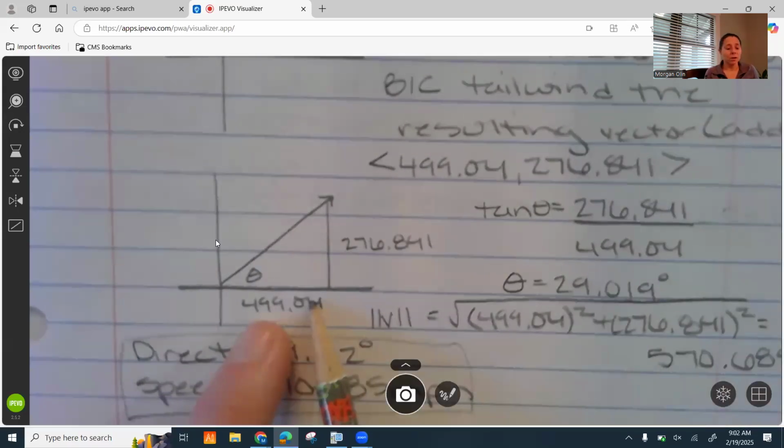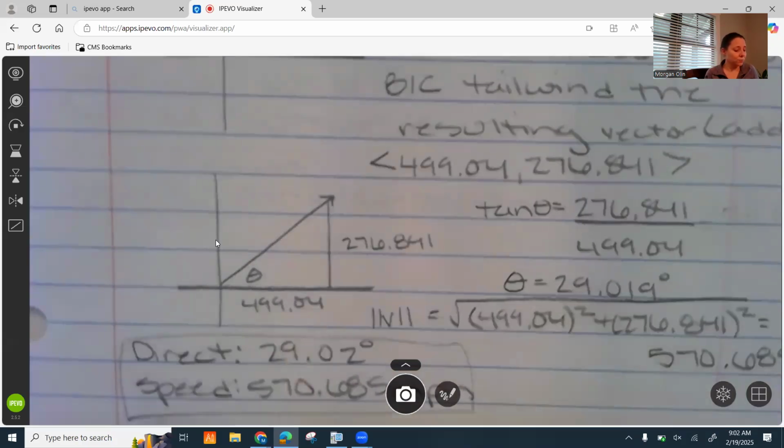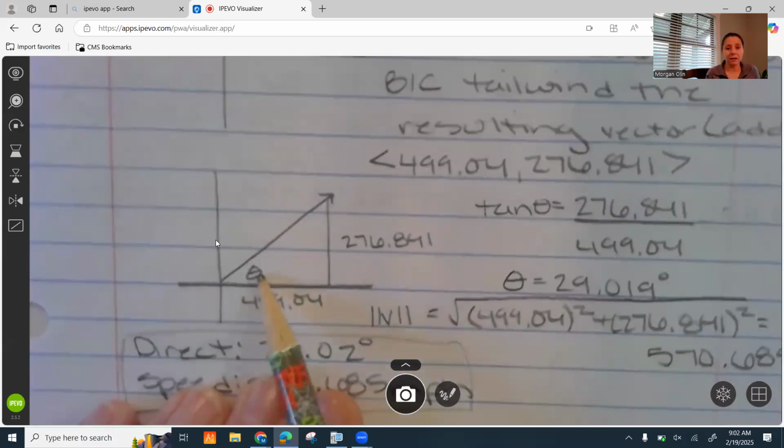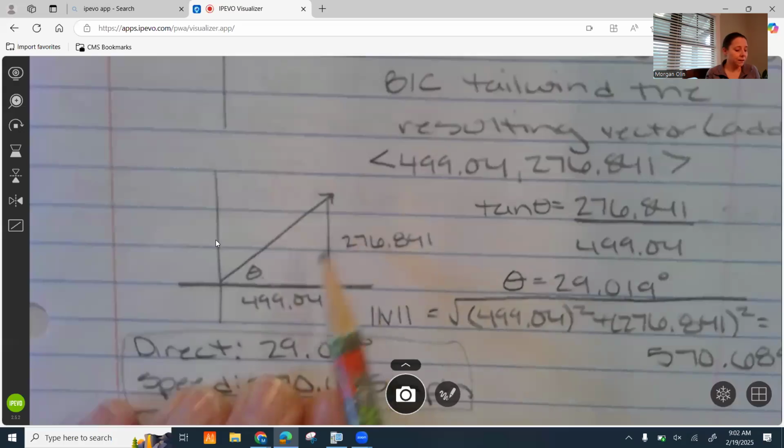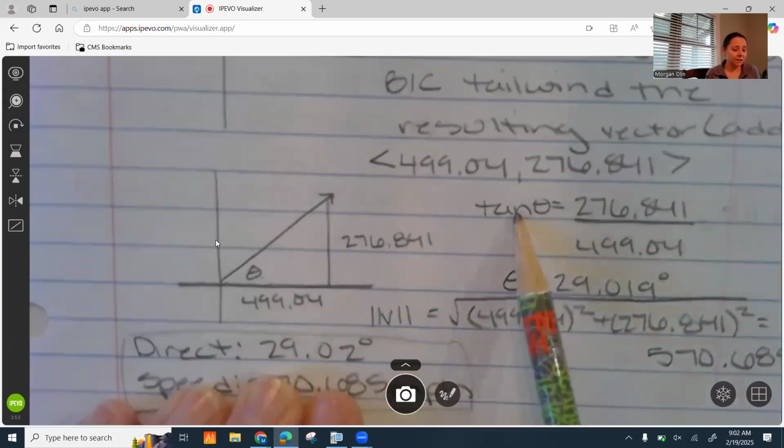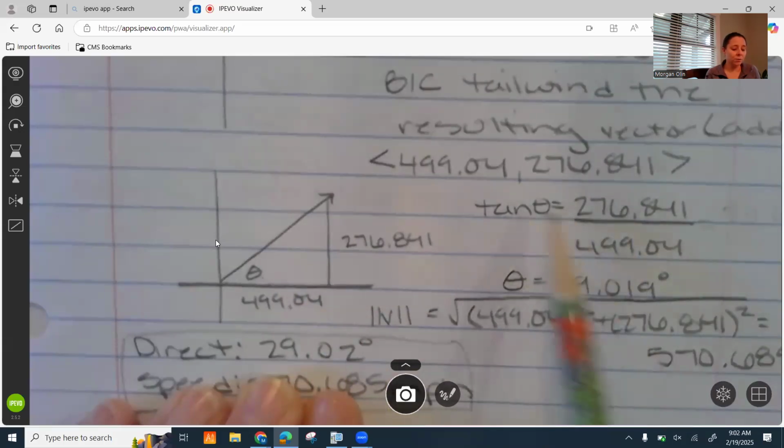Now, to find the direction, that means theta. Think opposite over adjacent, so tan, and we did this earlier, inverse tan. And you get 29.019, or just 29.02 degrees. So that is the direction.